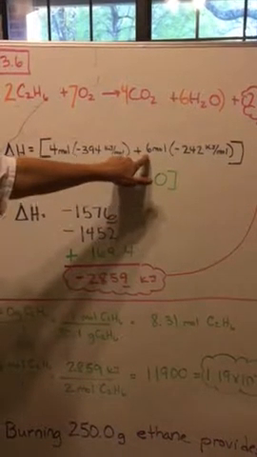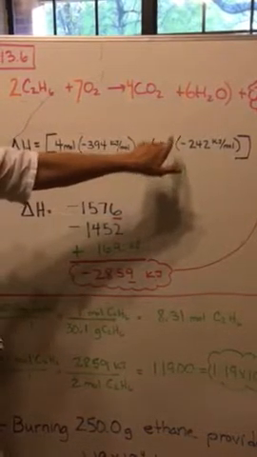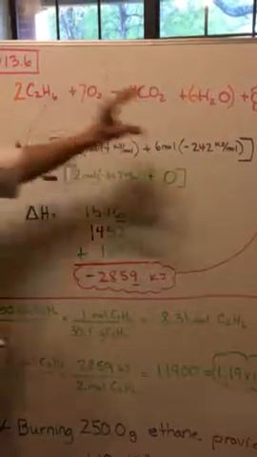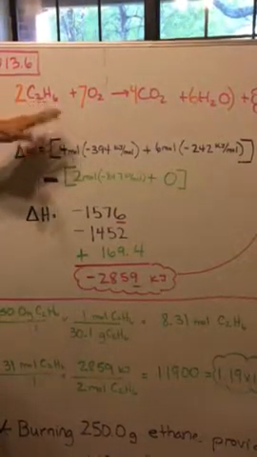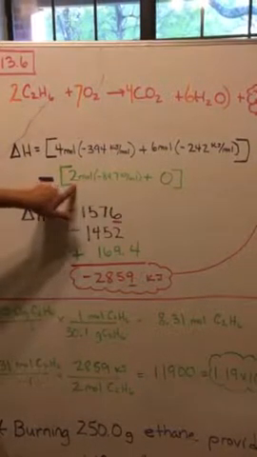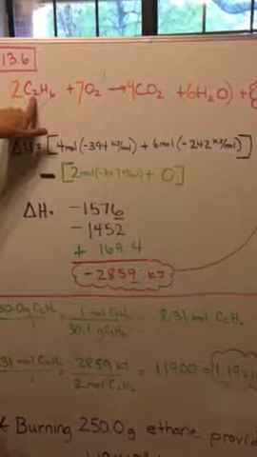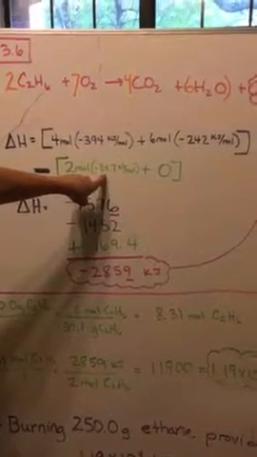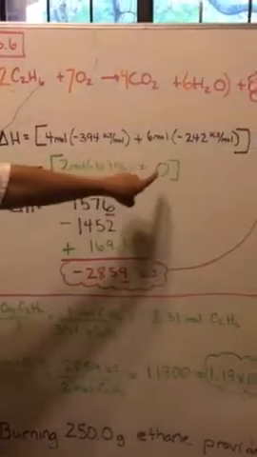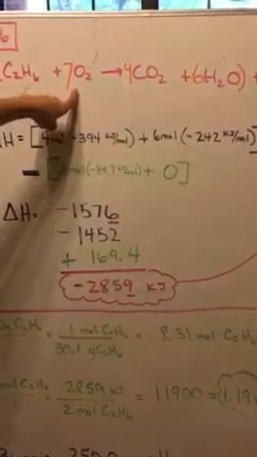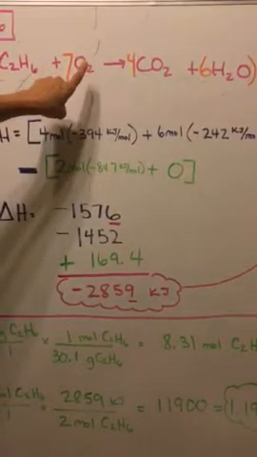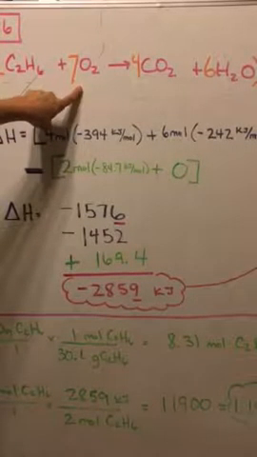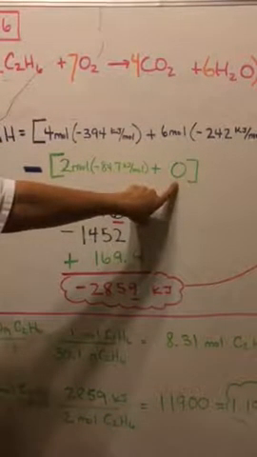I'm going to add 6 moles of water, so I multiply 6 times the enthalpy of formation of water, and that's all in a bracket. Those are added together. Then I'm going to subtract out 2 moles, because of my 2 moles here, times the enthalpy of formation of C2H6. And then, if you remember from the module, when you're doing Hess's law, anything elemental, which includes homonuclear diatomics, is always 0 for enthalpy.